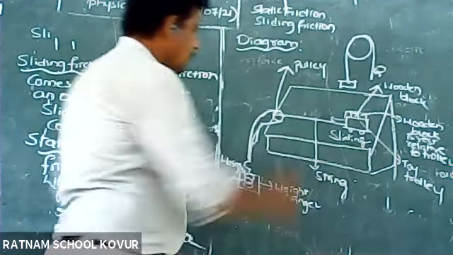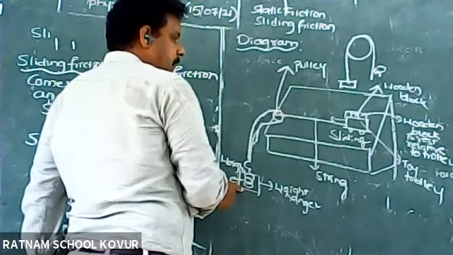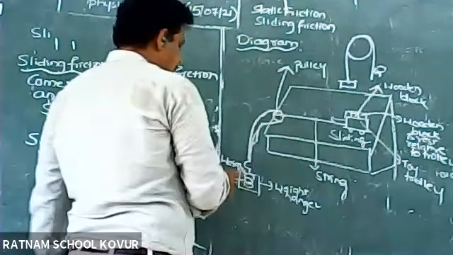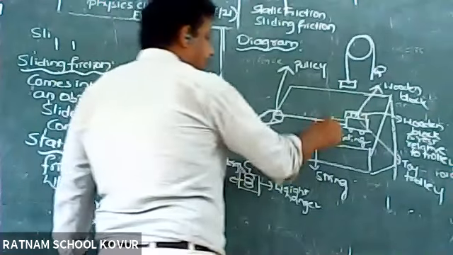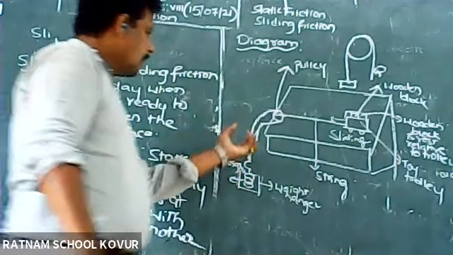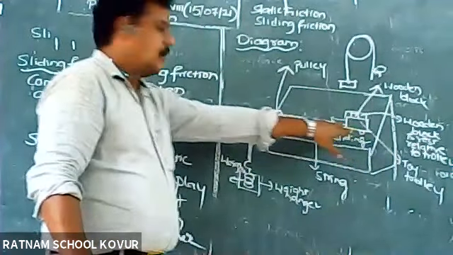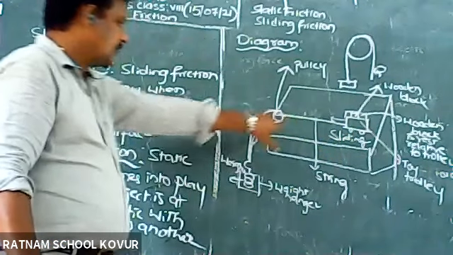So what happens? First you keep a 10 gram weight, it won't move. 20, 30. At 50 or 60, at some weight, the string will undergo tension and it will make the toy trolley move like this.